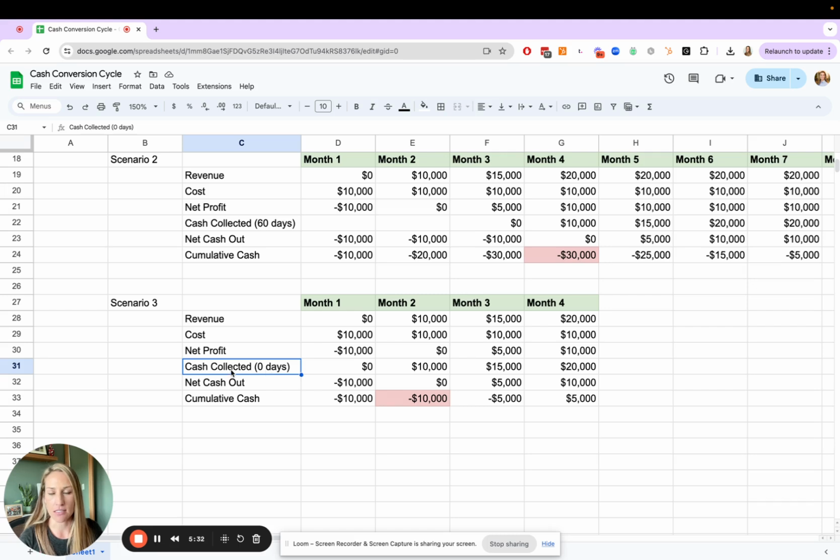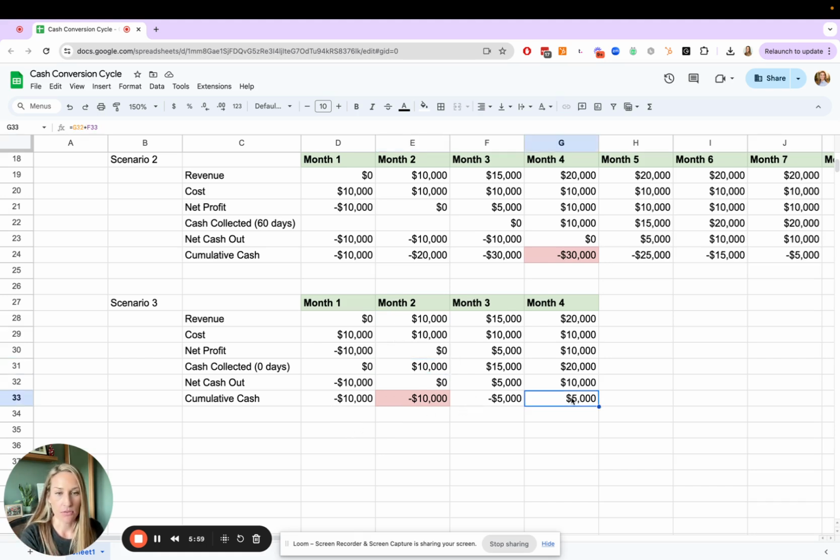So in this example, cash is collected in the same month that revenue is generated. So we can see we start collecting cash in month 2, the same month that we generate the revenue. And we only actually have to lay out $10,000 in cash.